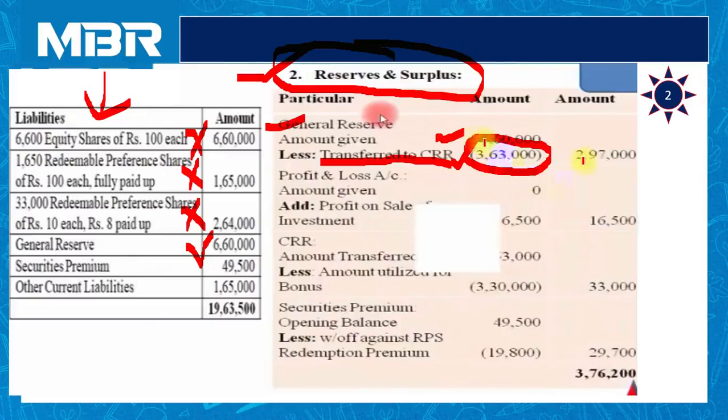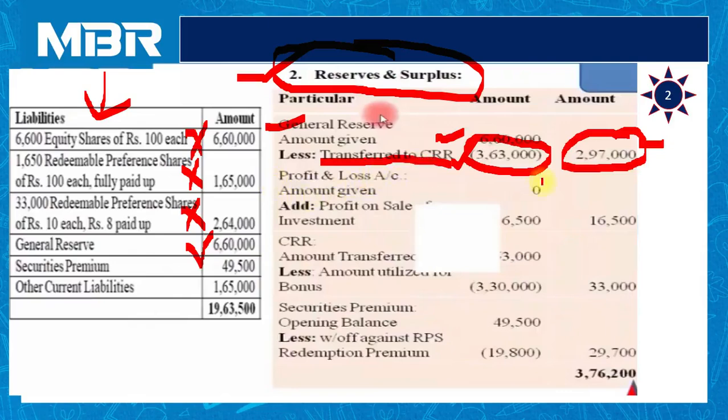So 6,60,000 minus 3,63,000. So balance available to us in the general reserve account is rupees 2,97,000. Second item, balance of profit and loss account, which is not given to us in our balance sheet.